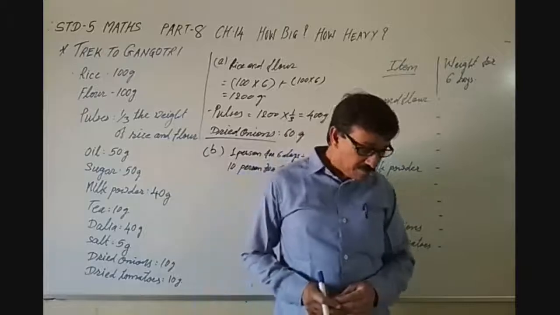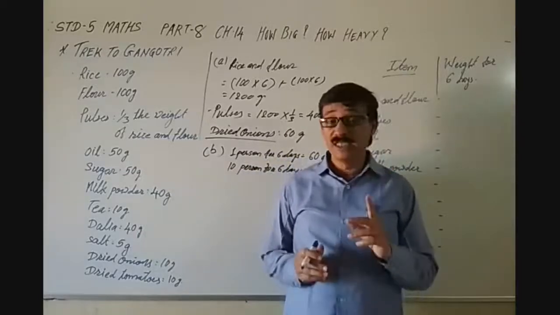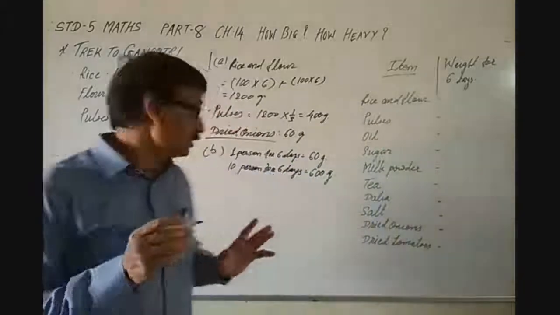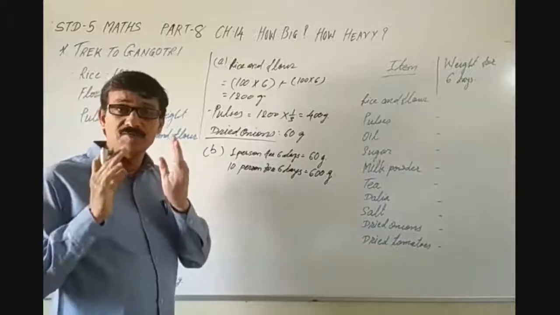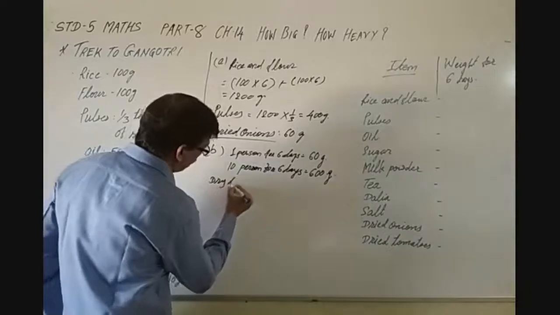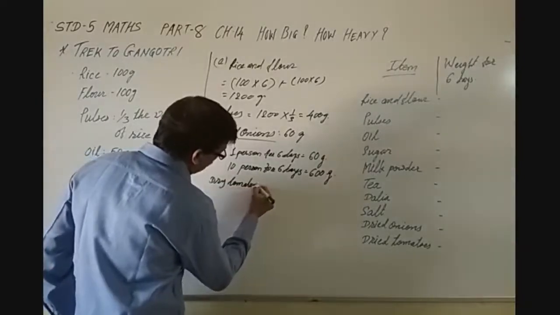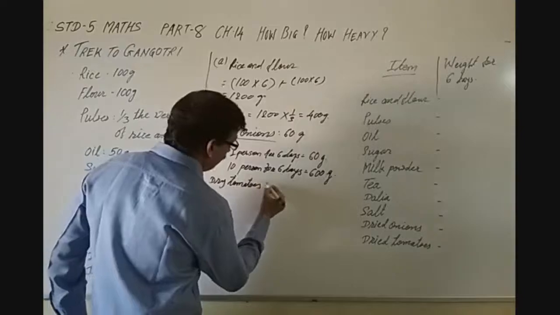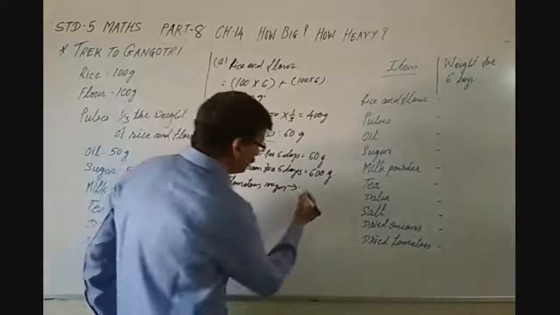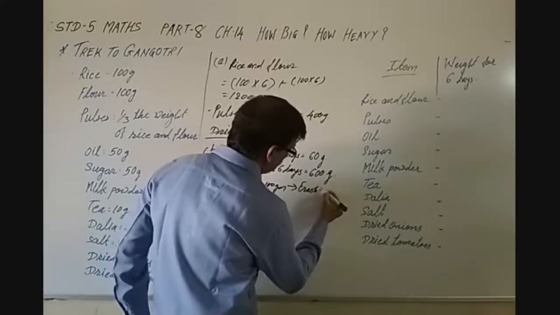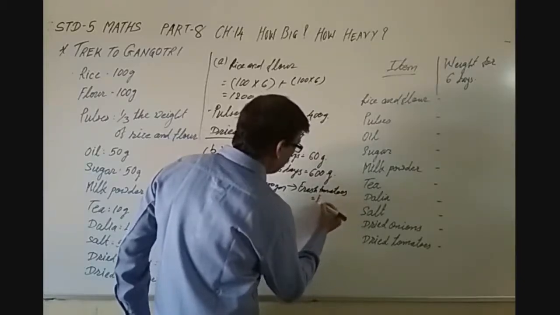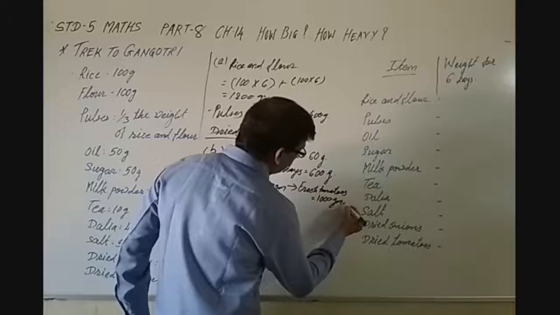Now fresh tomatoes needed for 100 gram dried tomatoes is 1000 gram, isn't it? See, if we want dried tomatoes 100 gram, then we require fresh tomatoes is equal to 1000 gram.